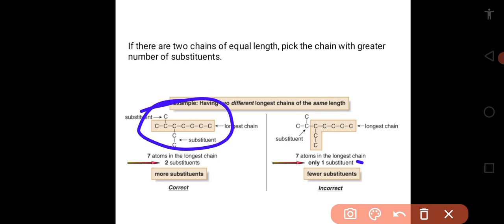So if you have one with, let's say, 9 and the other one with 8, but the one with 8 has 5 substituents and the other one with 9 has 3 substituents, because the longest chain is 9, we'll take the one with 9. So you don't consider the number of the substituents first.